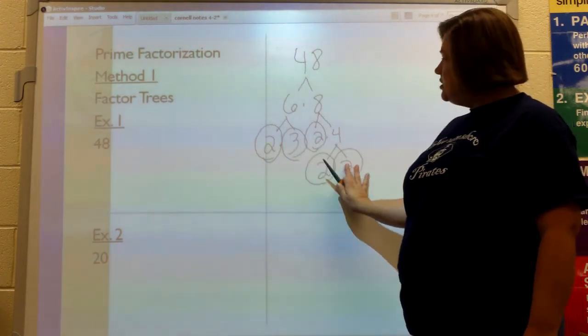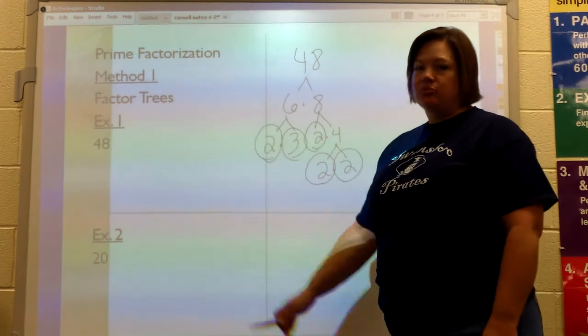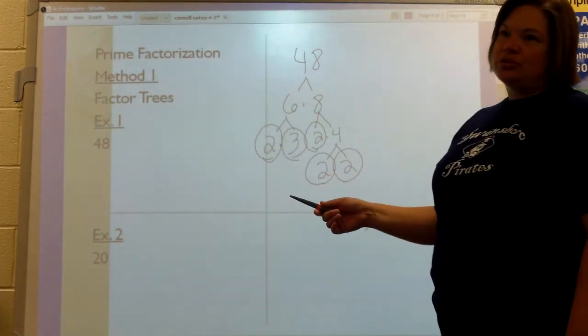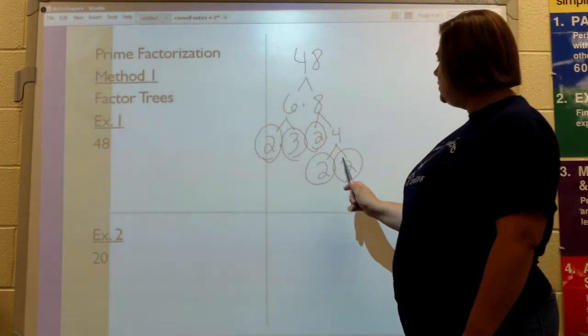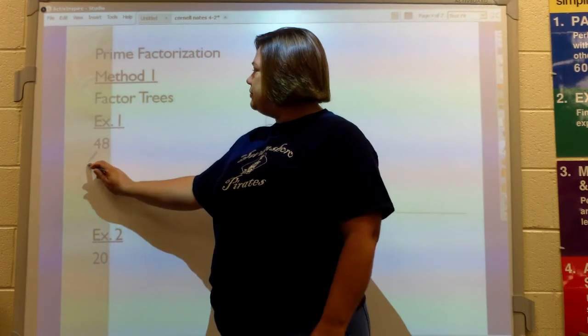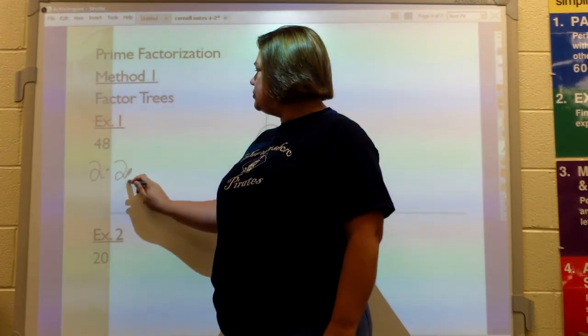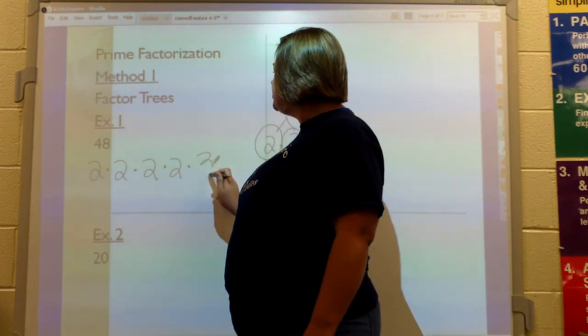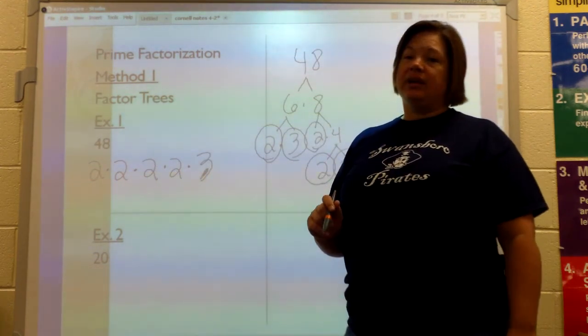Now I need to convert these circled numbers into a multiplication problem with prime numbers only, and they have to be in numerical order as well. So I have 4 2's and 1 3. So my problem would be 2 times 2 times 2 times 2 times 3. Or we learned how to write exponents.